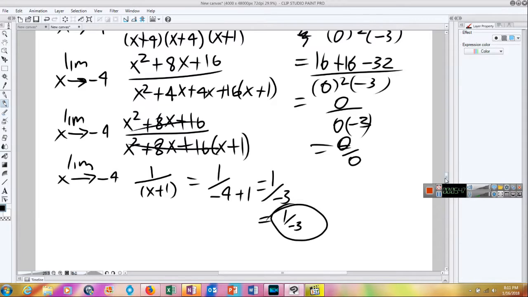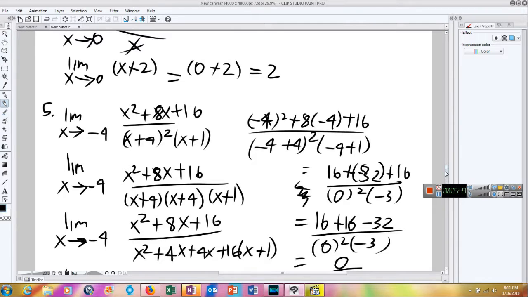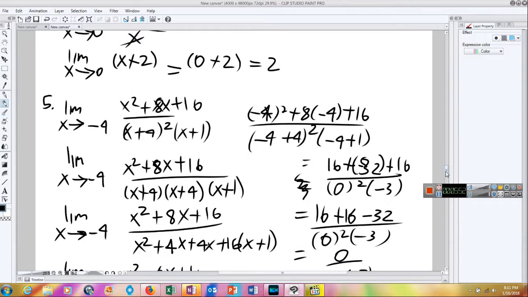You know what? I'm going to do the other one too. Basically, up here we have to find numbers that multiply to get 16 but add to get 8. What numbers multiply to get 16 and add to get 8? 4 and 4.